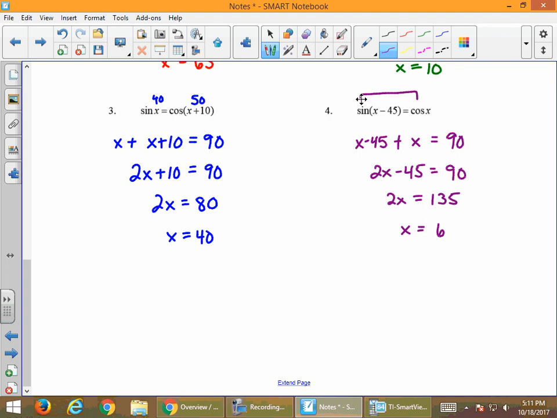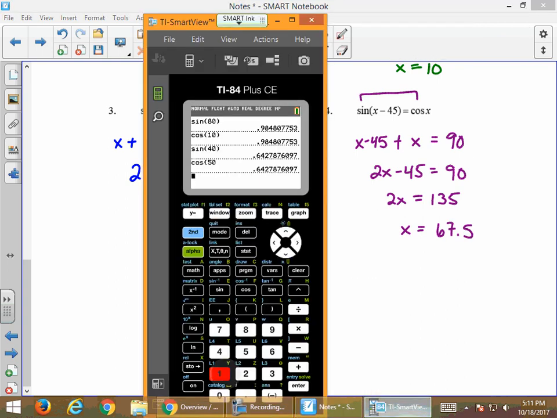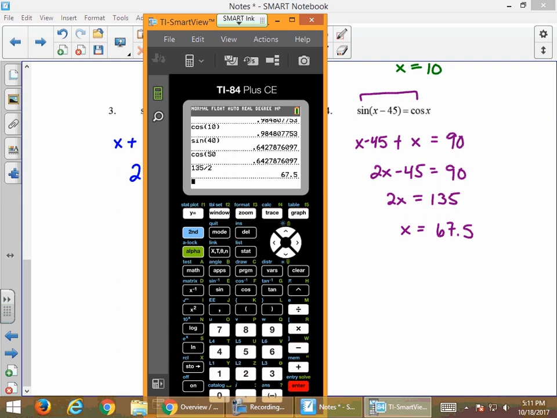So x is equal to, what's that, half of 135 is 67.5. Oh, that's right. Half of 135. Yep, 67.5. So if I do the sine of 67.5 minus 45, that's my left side.